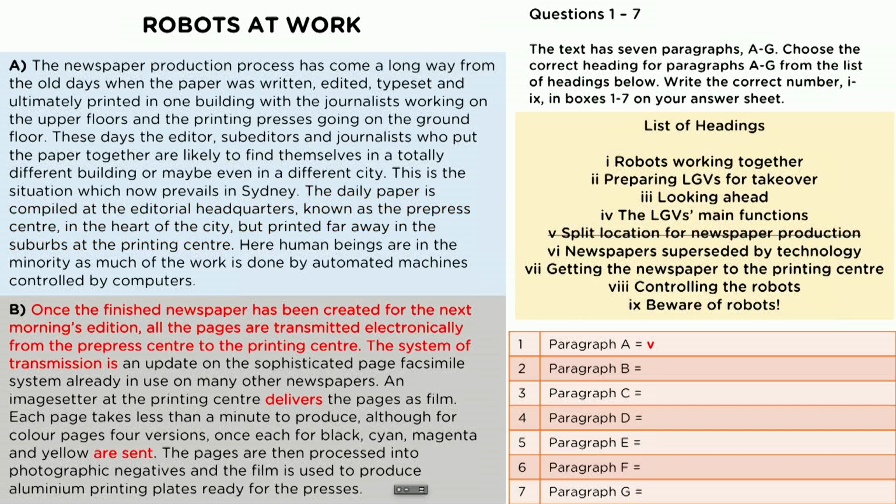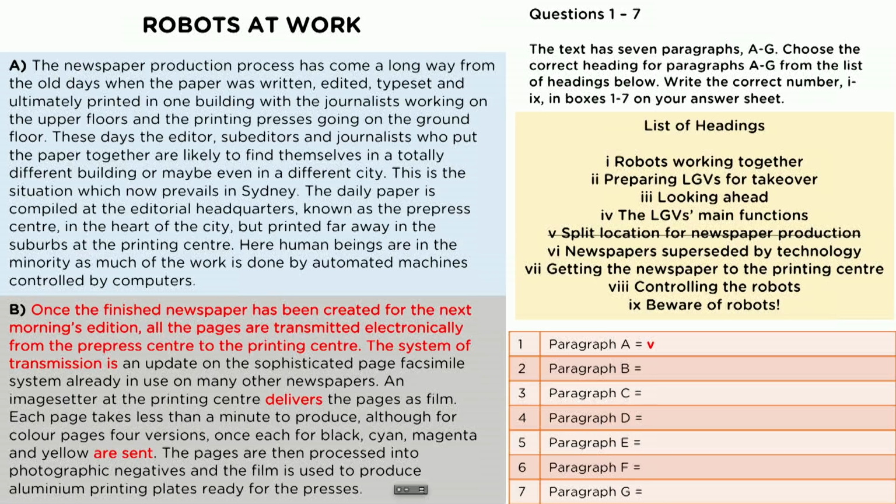Let's have a look at paragraph B. The key sentence and the key words are these. Once the finished newspaper has been created for the next morning's edition, all the pages are transmitted electronically from the pre-press center to the printing center. The system of transmission delivers sent. Have a look at the headings.